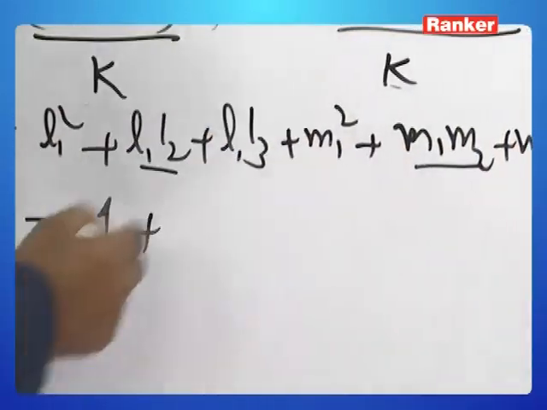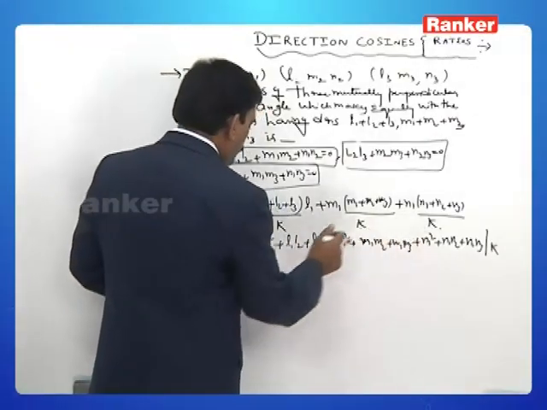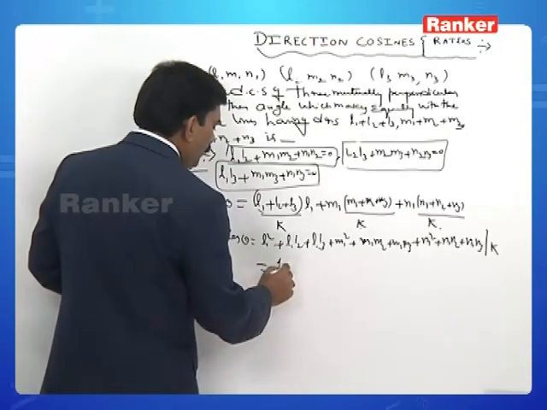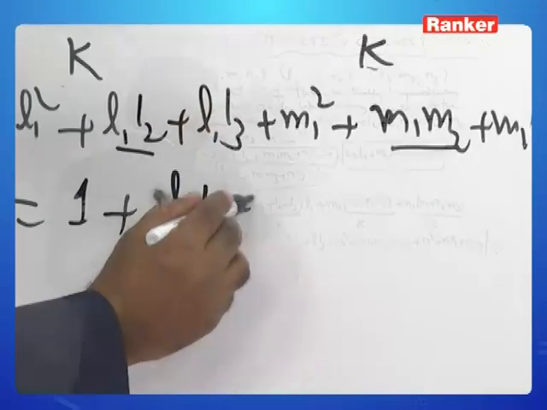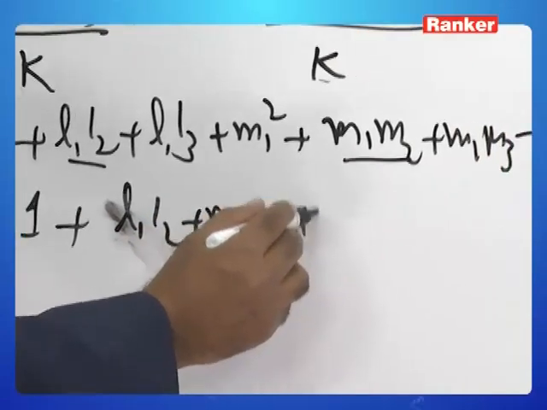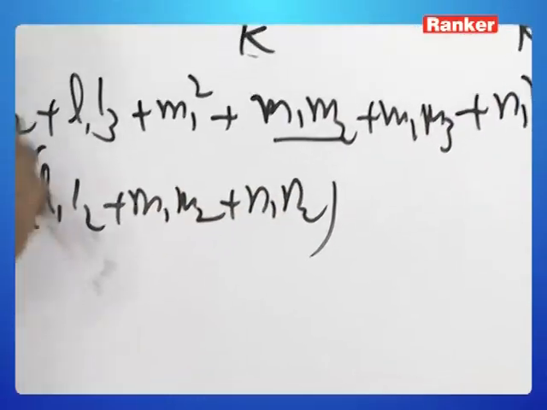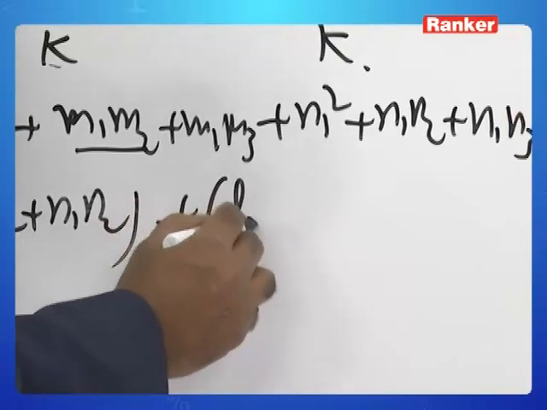So l1 square plus m1 square plus n1 square is equal to how much? 1. Next, l1 l2 plus m1 m2 plus n1 n2 is equal to 0, right?